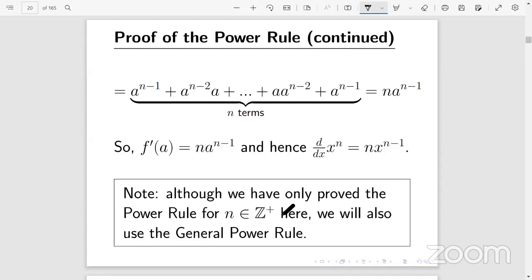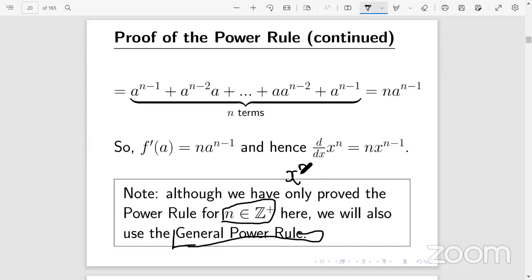Although we said this power rule works for n being a positive integer, actually we can prove it further. It actually works for any real number. So instead of calling it the power rule, we call it the general power rule, because whenever you have x to the power n, n does not need to be an integer or a counting number or a natural number.